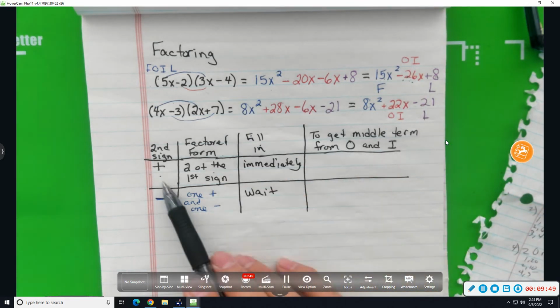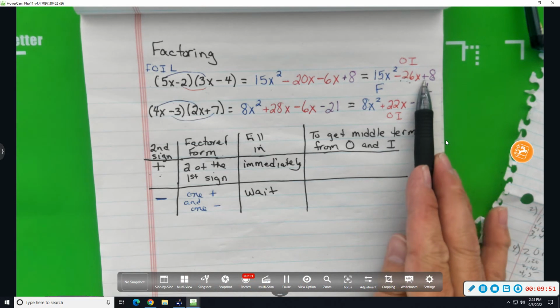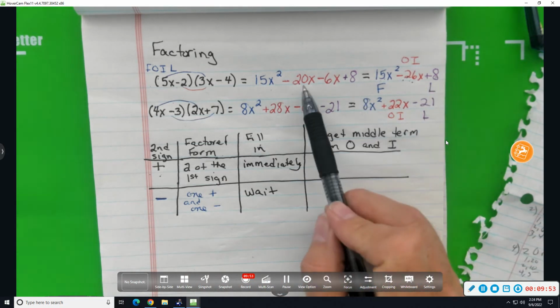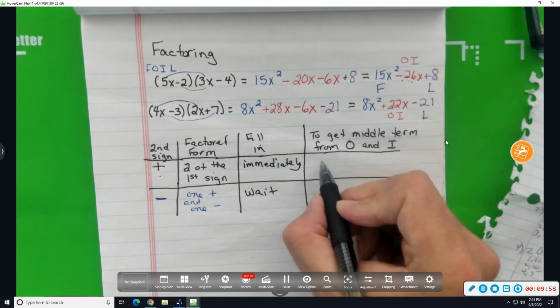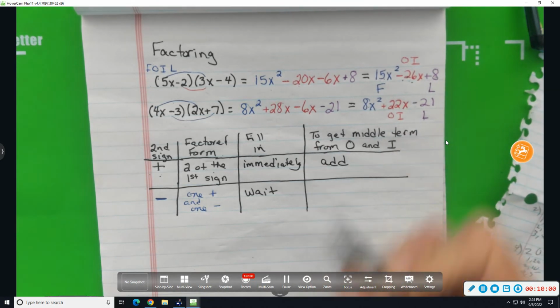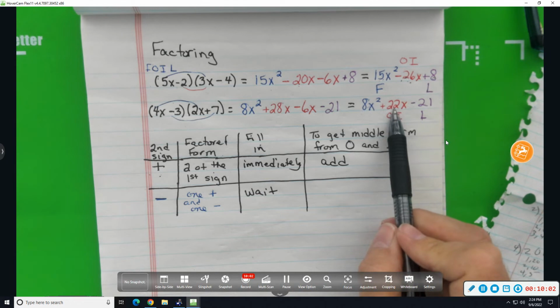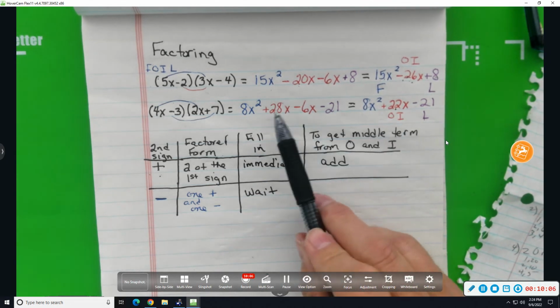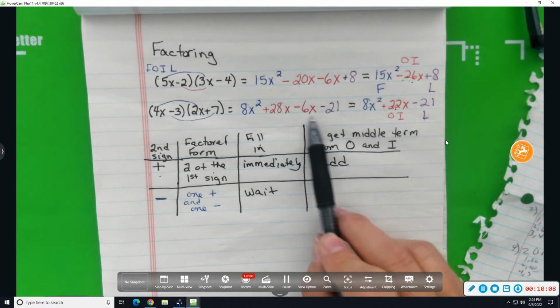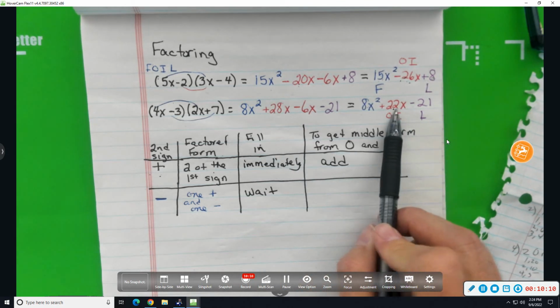In the first situation where the second sign is plus, you're adding the 20 and the 6 to get the 26. Whereas on the second one, the 28 and the 6, you're subtracting to get that middle term.